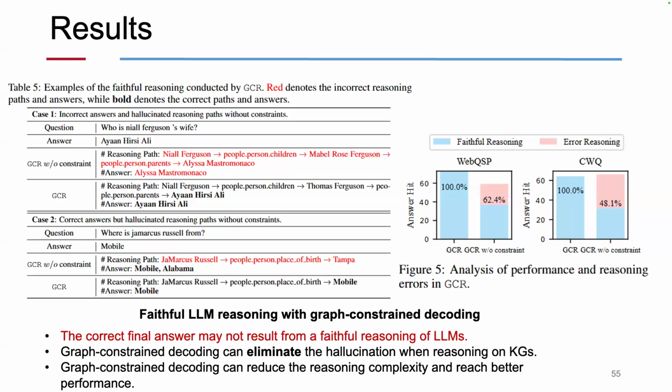This is also not desired in real-world applications. But with our constraint decoding, we can make sure the whole reasoning process is verifiable and trustworthy. Yeah, so that's our second attempt at applying the knowledge graph to enhance LLM reasoning to achieve faithful and interpretable results.